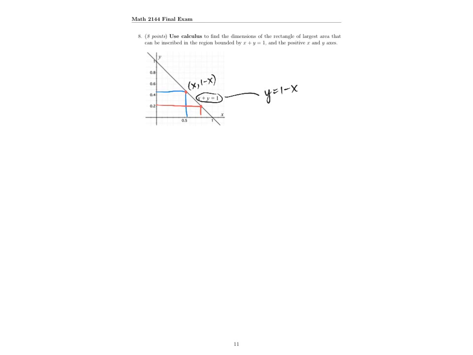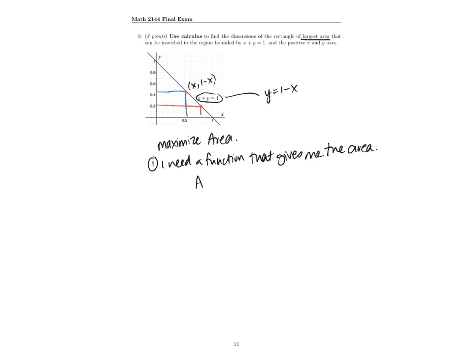So what I want to do here is find a rectangle of largest area. So in other words, I want to maximize the area. In order to do that, the first thing I need is a function that gives me the area. And so the area function, A of x, is going to be the height of the rectangle times the width of the rectangle.